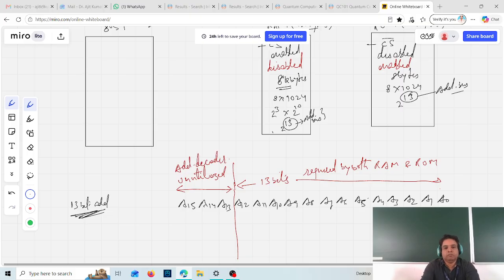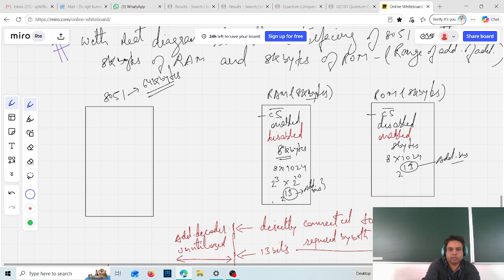See here, these 13 bits will be directly connected from the microcontroller to the RAM and ROM. So you make a direct connection here. Let us start from this side. This is AD0, then it goes up to AD7.